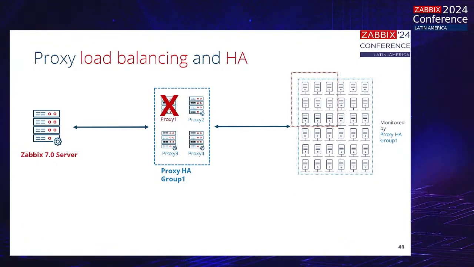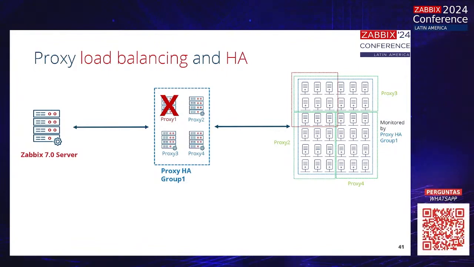And then if proxy 1 is down for some reason, so it's not available, Zabbix will redistribute those hosts automatically between the remaining proxies, you don't need to do anything. So that is how it's going to work. The redistribution is happening automatically. So we receive load balancing, and we also get high availability basically for free.